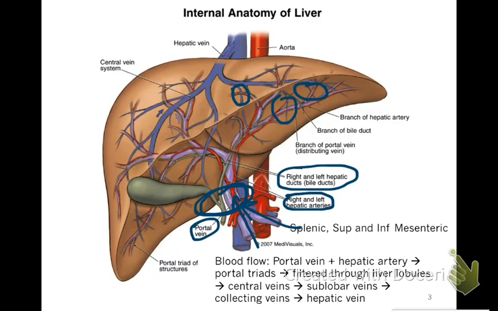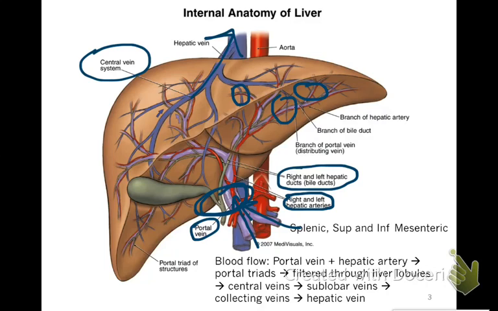So once all of the blood from the portal vein and the hepatic artery is delivered to the functional unit of the liver, which is the hepatocyte, it basically gets filtered by the hepatocyte and then drawn out into these different veins called the central vein system, and goes out the hepatic vein and into the inferior vena cava.